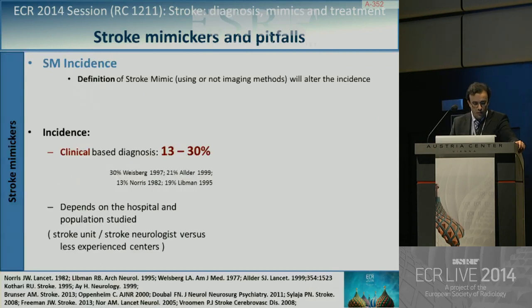So what are we actually going to talk about? In the emergency room, if we take just the clinical presentation of the patients, we will have between 13 to 30% of stroke mimickers. This depends on whether you are working in a department with a stroke unit, which tends to have a more precise clinical evaluation, so the number is a little bit lower.